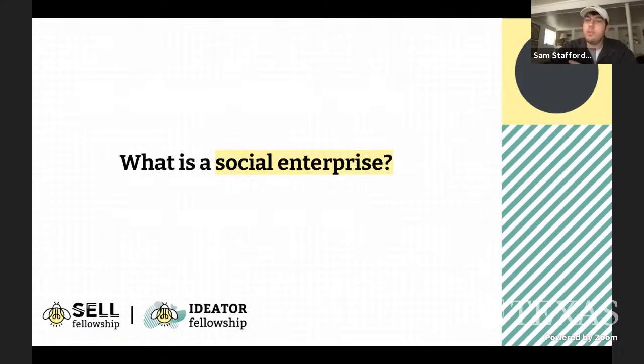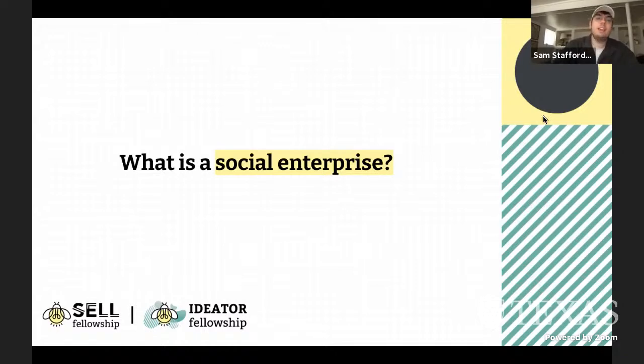But this differs from a social enterprise. Does anybody want to take a stab at how this differs from a social enterprise, or what's different about a social enterprise? I'm looking at the chat. Or if anybody else wants to unmute. Enterprise is not a startup. That's a good guess. Strategy, yeah.